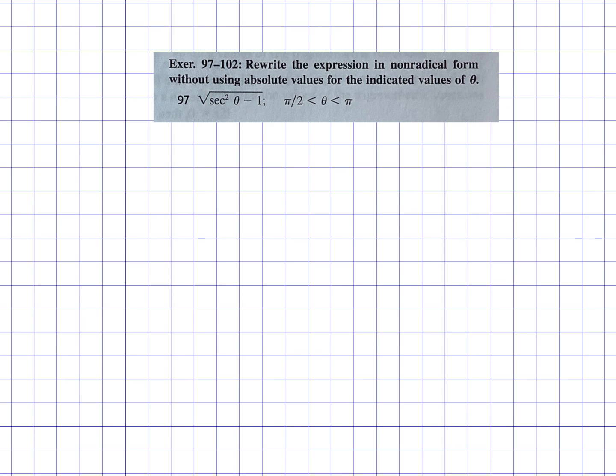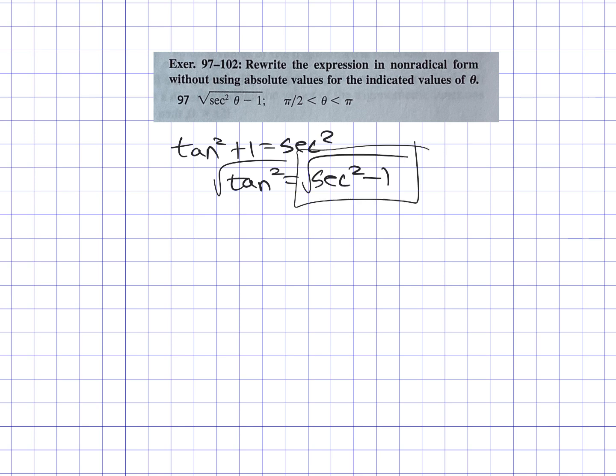We write the expression in non-radical form without using absolute values. Okay, so tangent squared plus 1 equals secant squared. So tangent squared equals secant squared minus 1. All right, so here we have the problem.